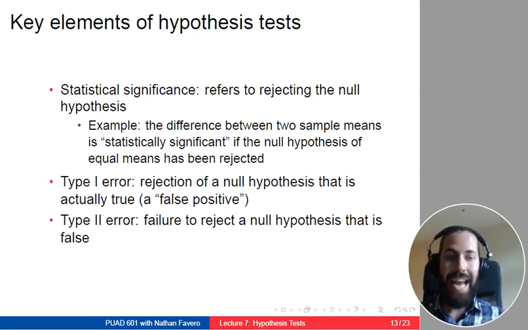If we have a really high alpha level, maybe an alpha level of 0.4, we would be saying we don't require very much evidence at all to conclude that this message had an effect. And that increases the risk that maybe we're going to say the message had an effect when in fact it really didn't. That's what we mean conceptually by balancing that risk between type 1 and type 2 errors.